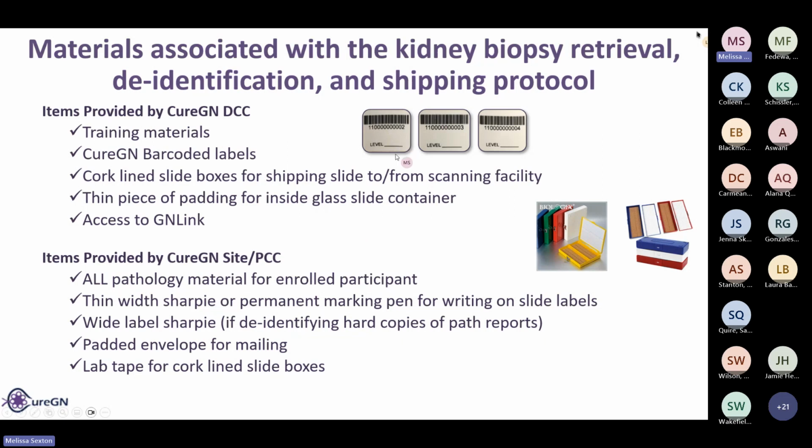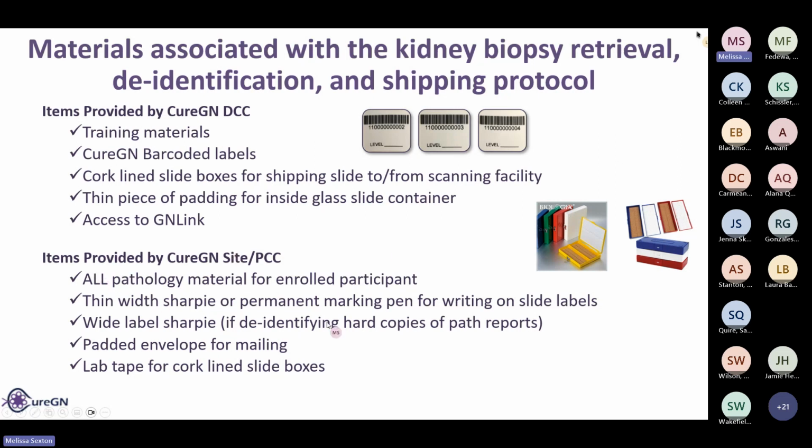Here's an example of what the barcodes look like now on the labels. They start with an 11, and then it's just a whole bunch of zeros and then the number of the label. There's no site identification on them. And there's a place for you to put the level and a space for the stain.